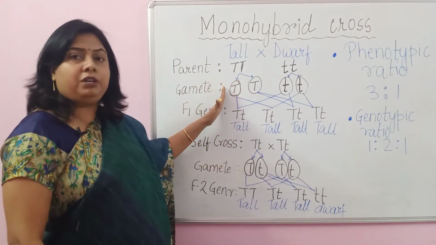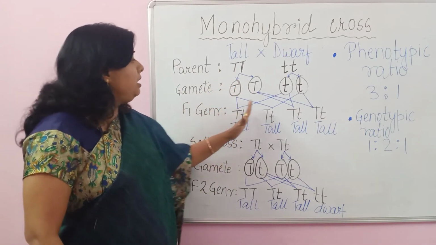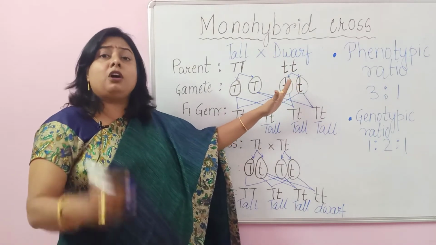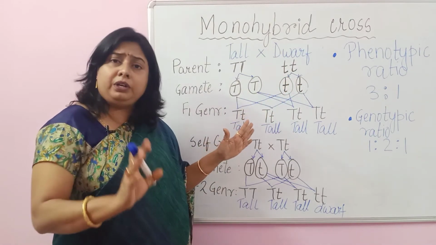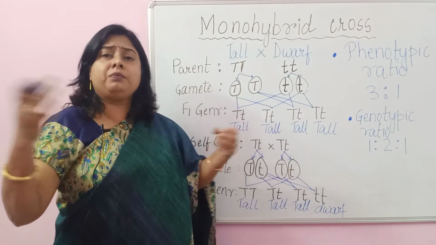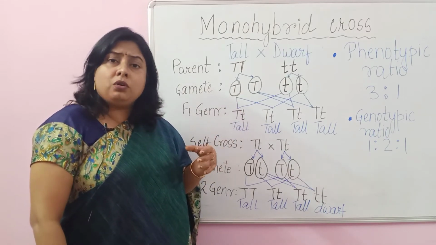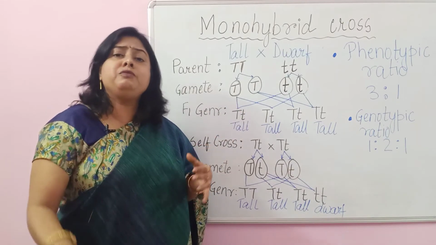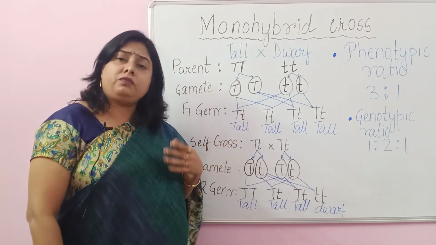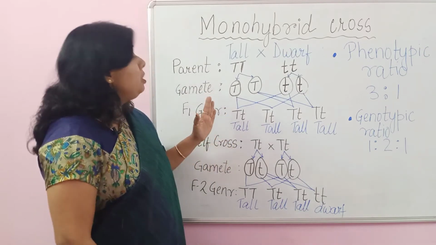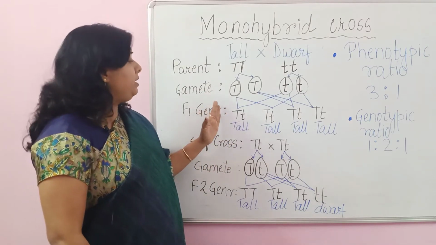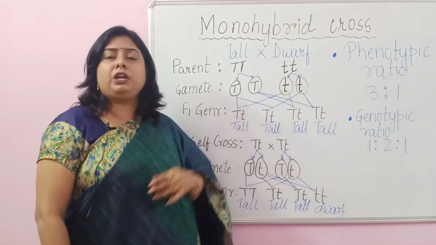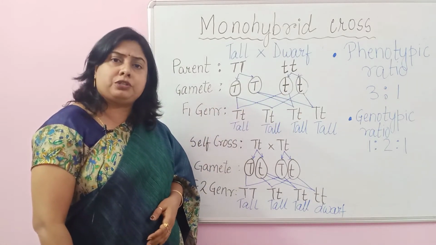Here the gametes are produced, but there are so many gametes, while the offspring is one or countable, whereas we have innumerable gametes. So it can have a random chance of fertilization. So what Mendel did, he took all possible combinations for the fertilization.